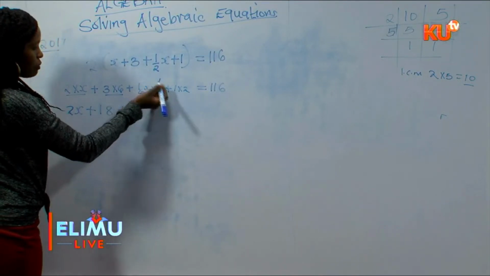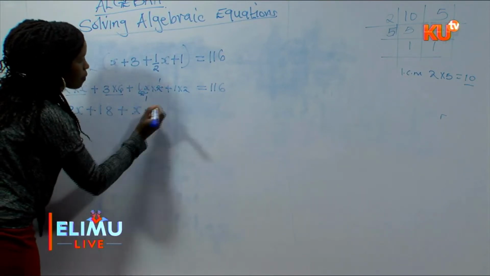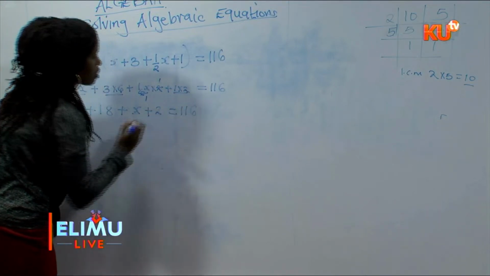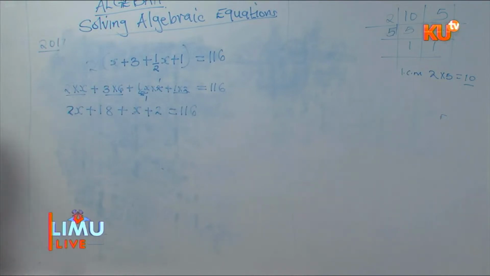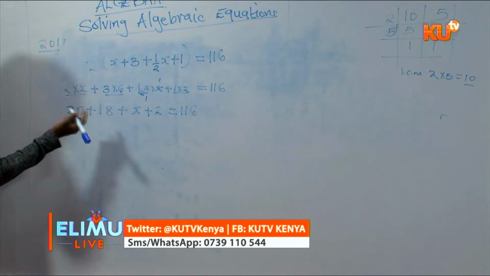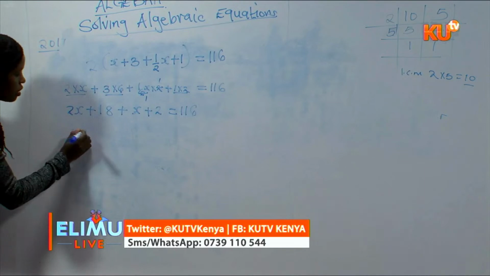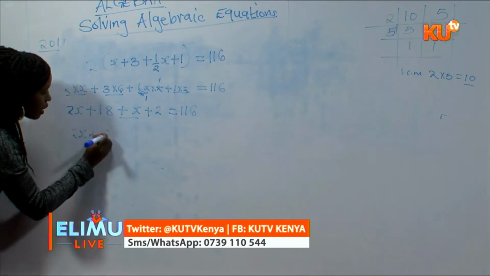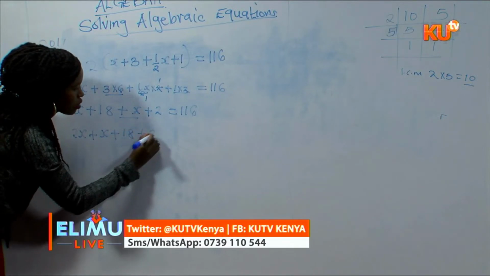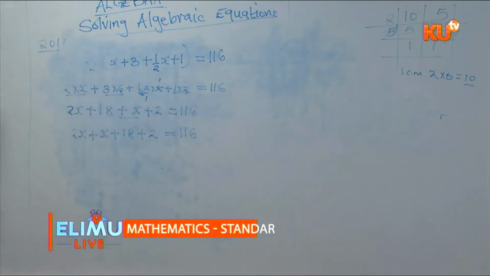So we get x plus 1 times 2 is equal to 116. We collect the like terms. I have 2x plus x, plus 18 plus 2 is equal to 116.